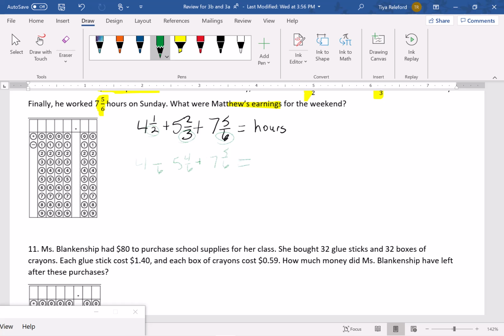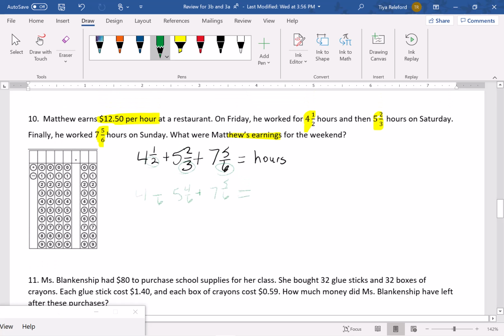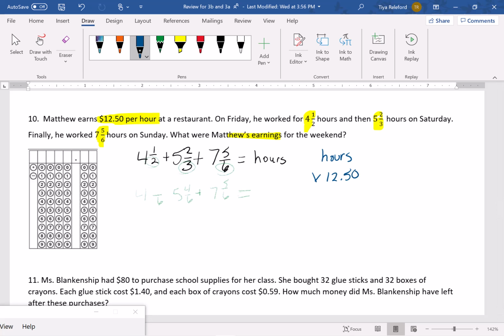That'll tell you how many hours. And then the hours, you're going to have to multiply times 12.50 for your answer. Here's your clue. This griddable means the hours are probably going to be a whole number, or a fraction that's very easy to turn into a decimal.